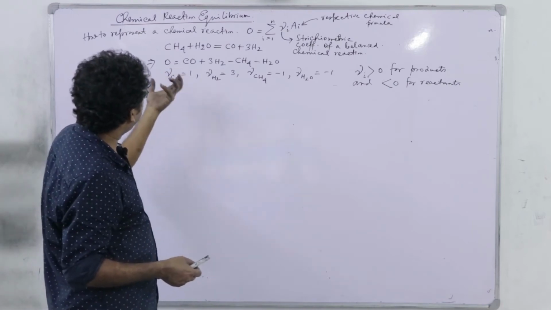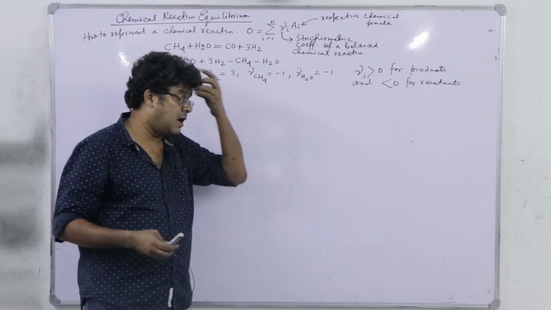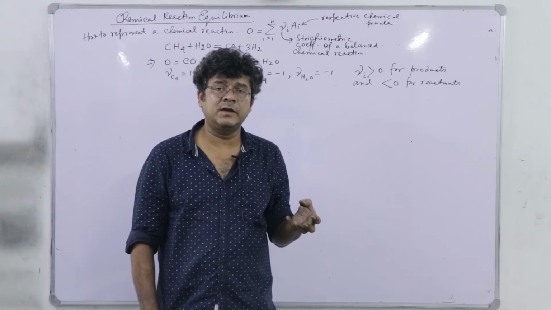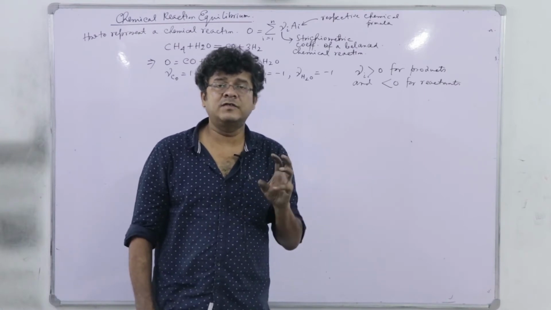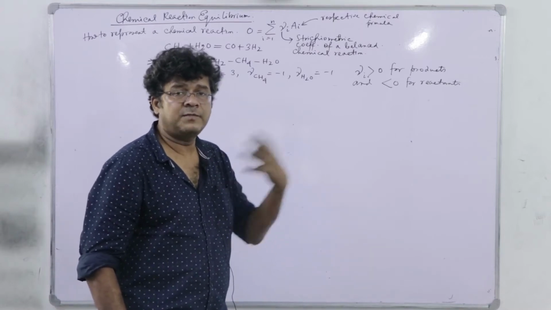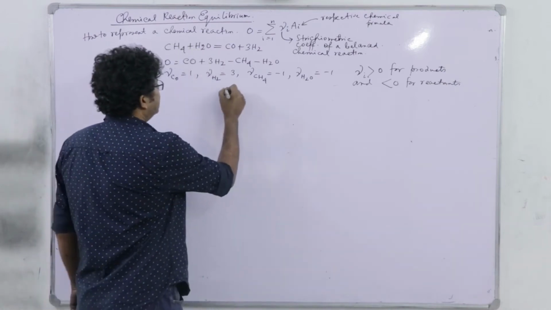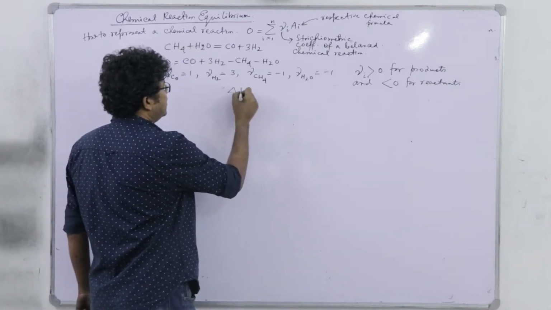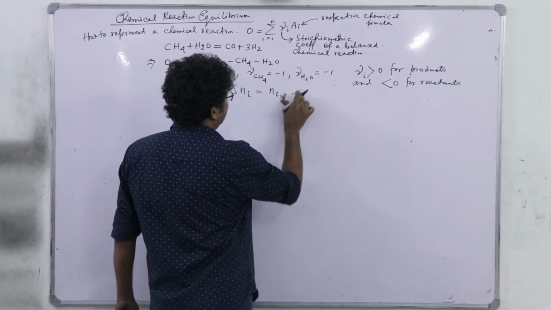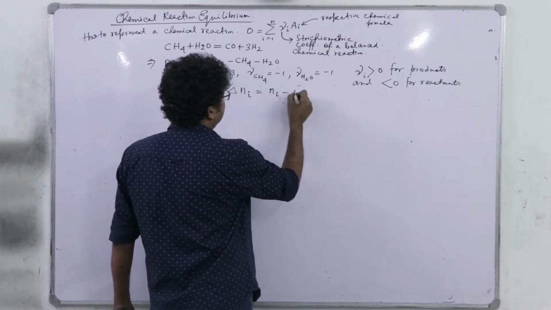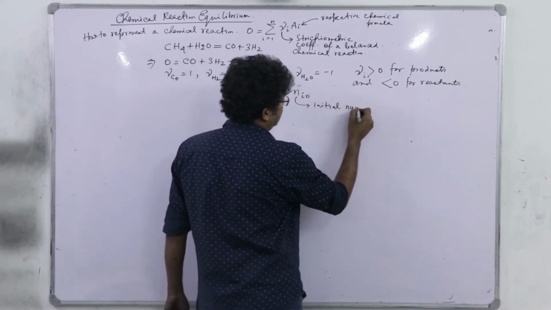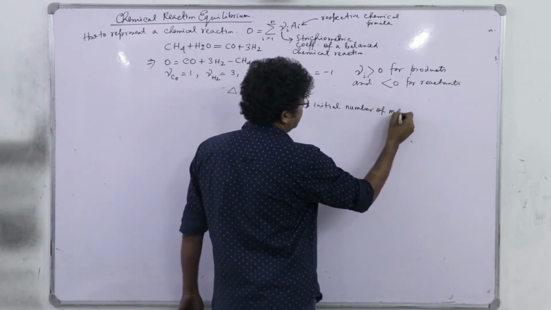So, if I divide the amount change of individual components participating in a reaction, whether reactant or product, amount change means delta n, final minus initial, that is delta Ni equals Ni minus Ni naught, where Ni naught is the initial number of moles.